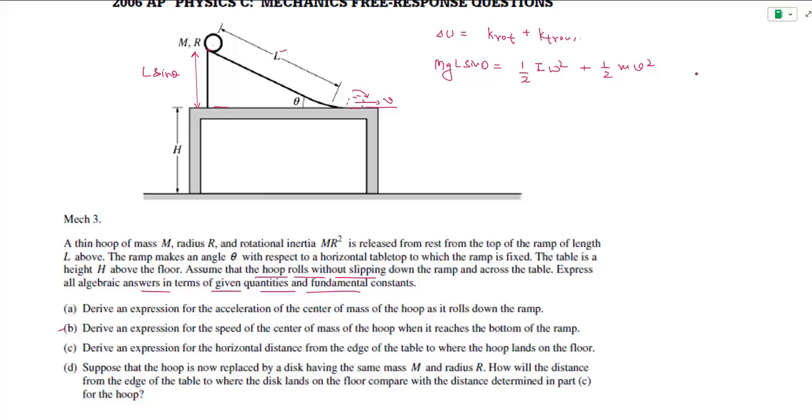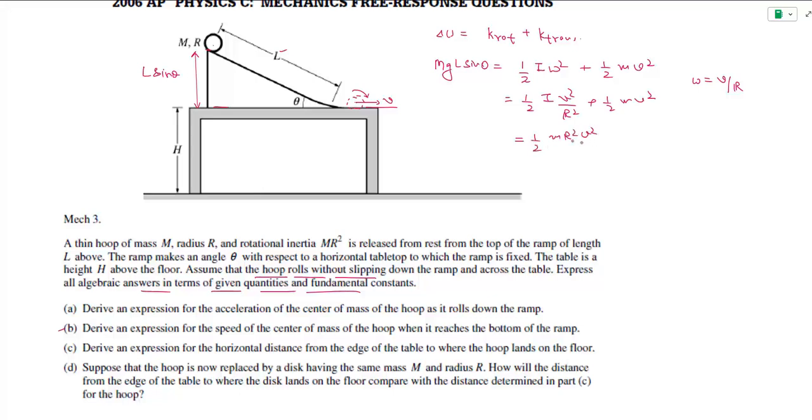Now as it is rolling without slipping, we can simply write omega as v by r. And the moment of inertia is given as mr square.